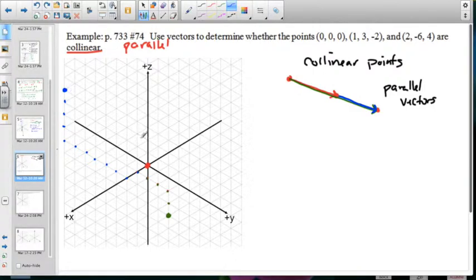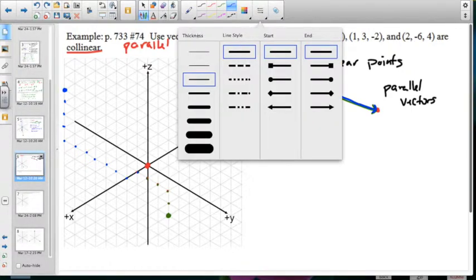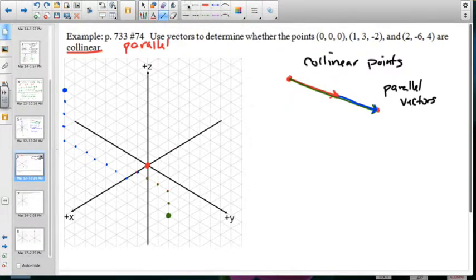So if you look at these, you can kind of see that if we start drawing a straight line from one point to the next, let's try to connect the 2 that are the farthest away.